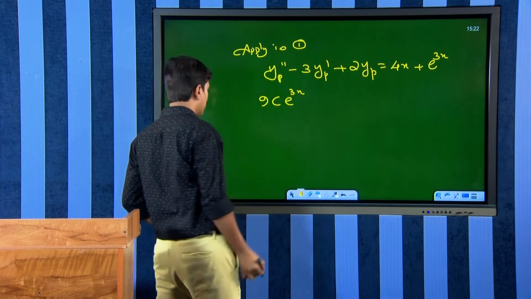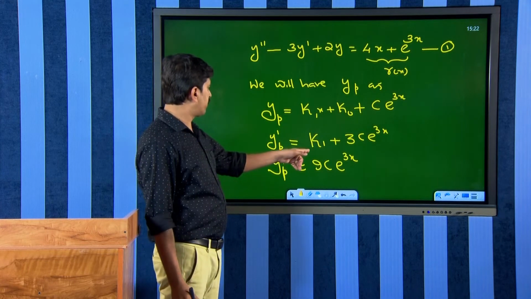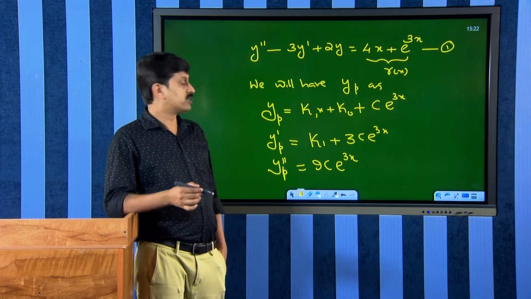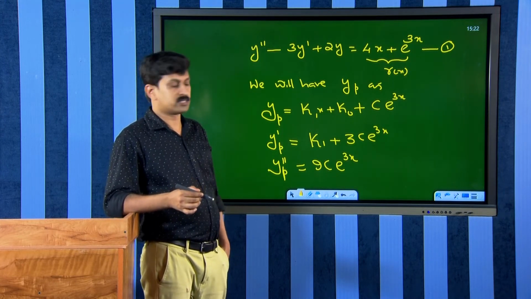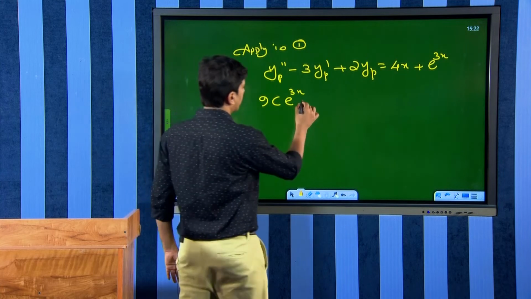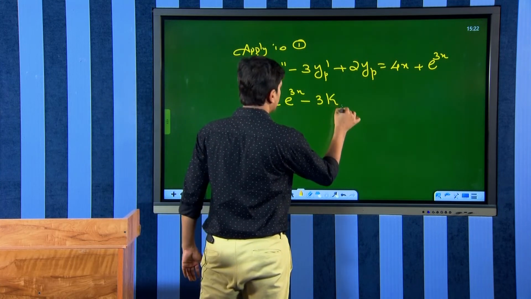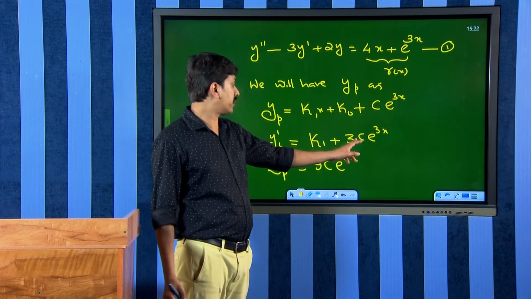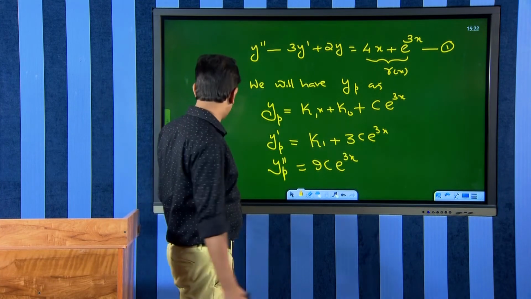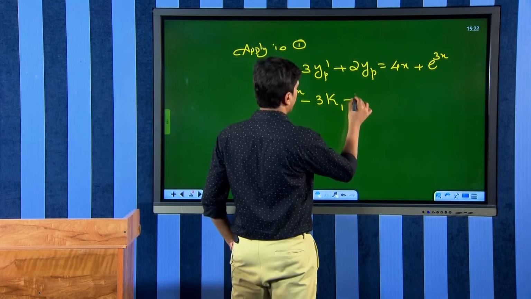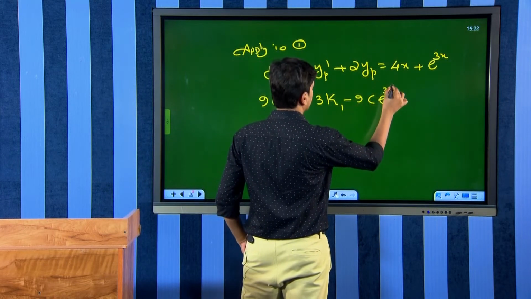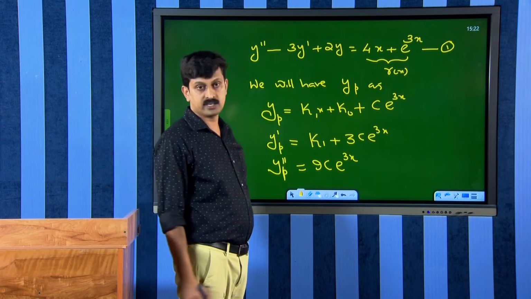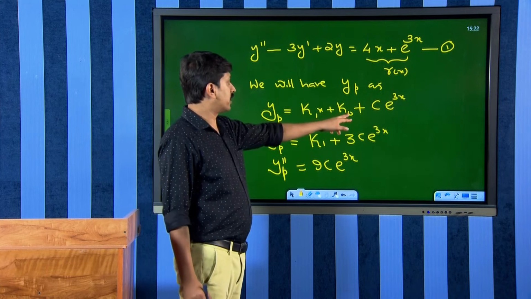Then minus 3 yp dash: minus 3k1, plus minus 3 into 3c e raised to 3x, which is minus 9c e raised to 3x. And finally, we have yp as k1 of x plus k0 plus c e raised to 3x.